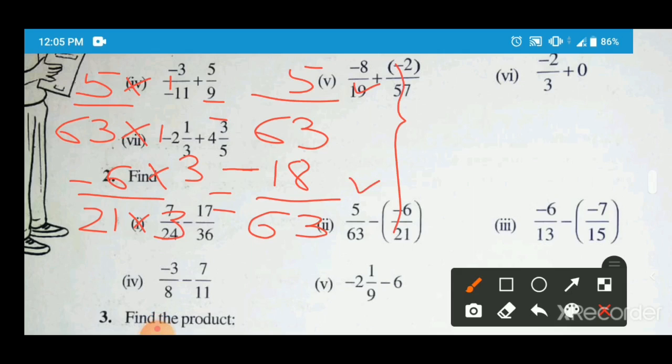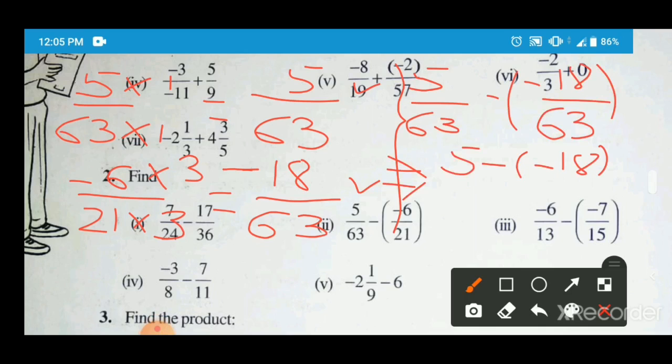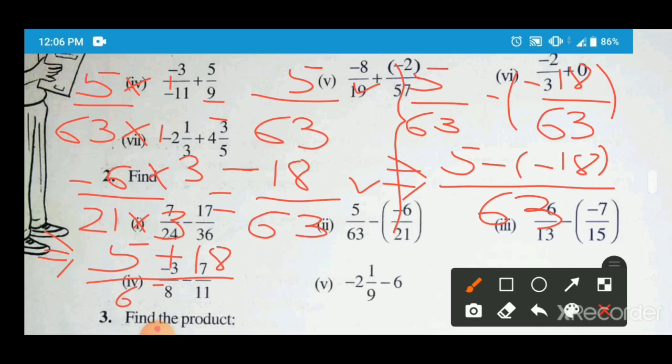Now we can write it like this: 5 upon 63 minus 18 upon 63. So now it is 5 plus 18 upon 63. This is equal to 23 upon 63. This is our required answer for the second part of question number 2.